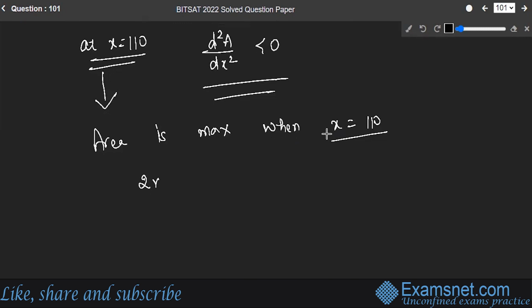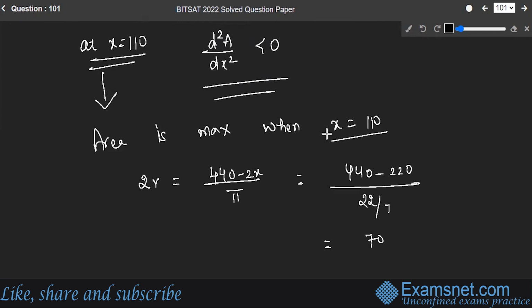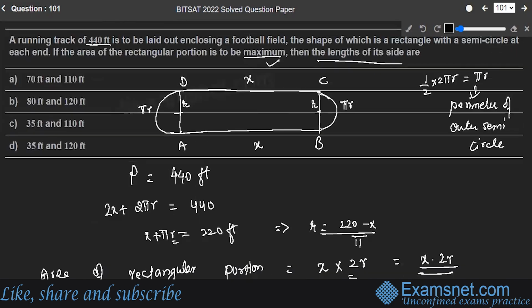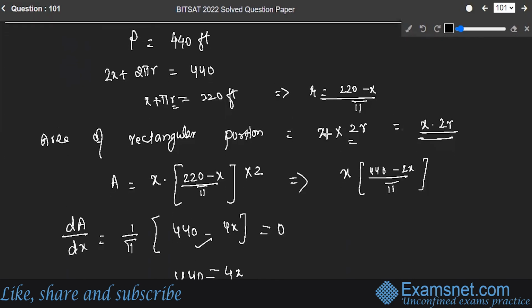What you had to find out was the length of its sides. You had 2r as (440 minus 2x) upon pi, which is equal to (440 minus 220) upon pi, with pi as 22 by 7, which on solving will give you 70. So 2r is equal to 70, or r is equal to 35. Wait, what was r equal to?